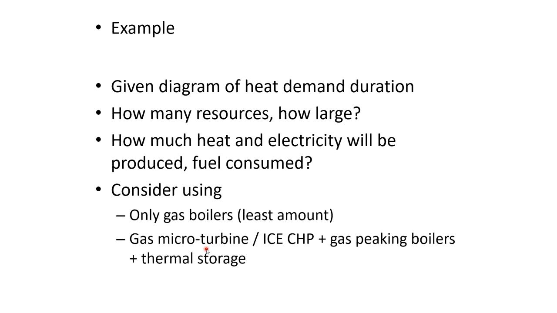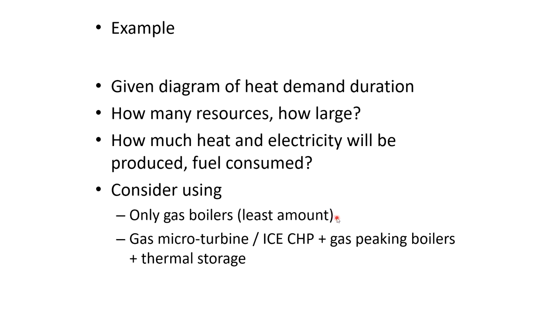And now we will go through an example where we have a given diagram of the heat demand duration, and the question will be how many thermal sources and how large to implement. And the questions will be how much heat and electricity will be produced and how much fuel will be consumed, when we consider two options.